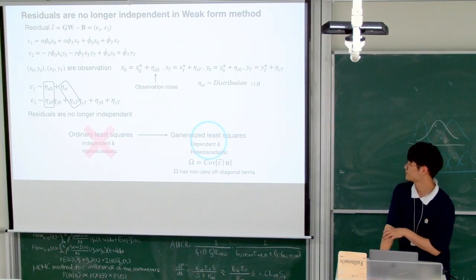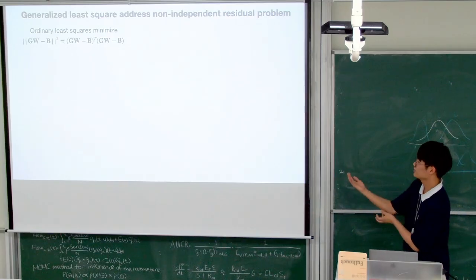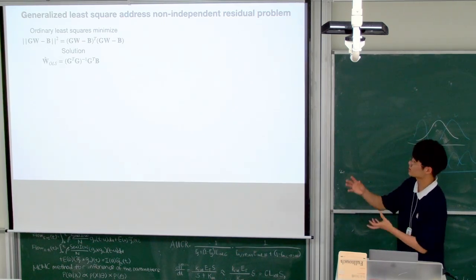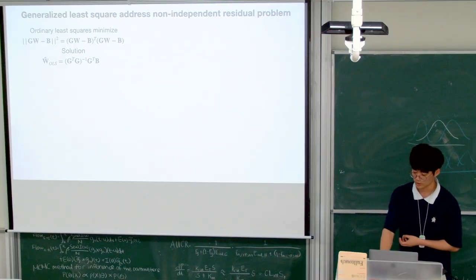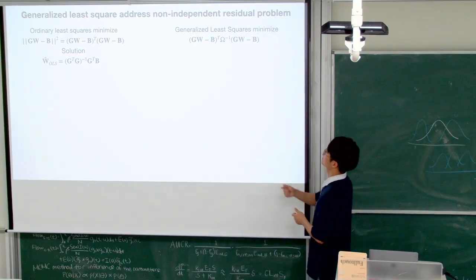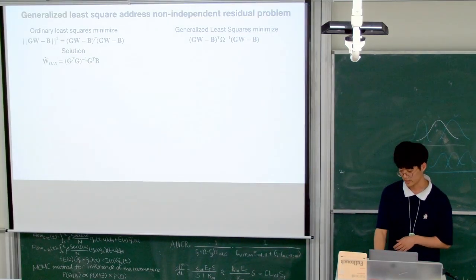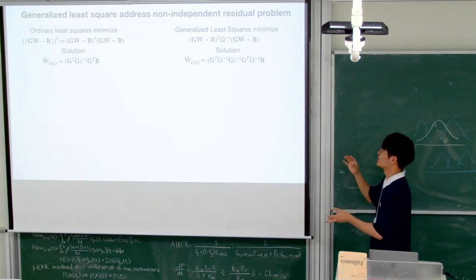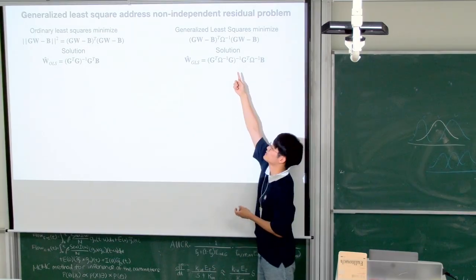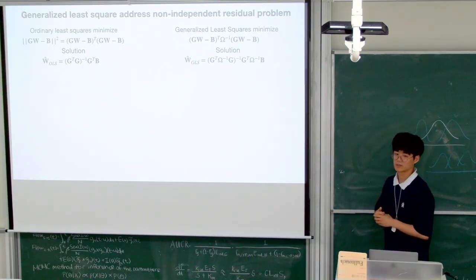In the ODE problem, we minimize GW minus B. But for generalized least squares, we minimize something very similar, weighted by the omega inverse term. I will not describe it deeply, but it can be interpreted as penalizing large variances because of omega inverse.